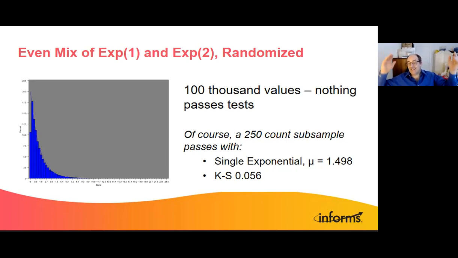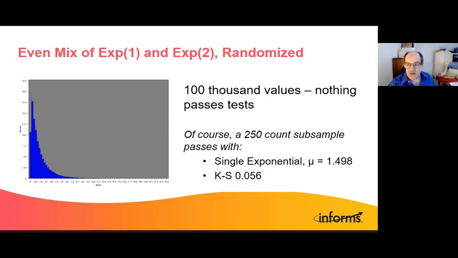Suddenly it's good. And SAS says, yeah, this is an exponential distribution with a mean of 1.5, because it's, of course, the mix of a 1 and a 2 exponential distribution. So it passes with a small sample size, and I have a p-value of 0.056. So it passes at a 5% significance level.